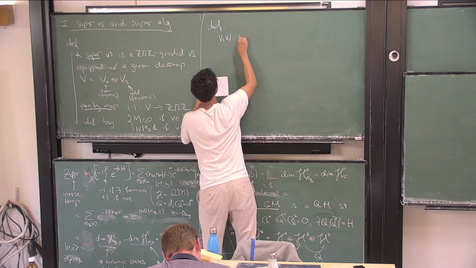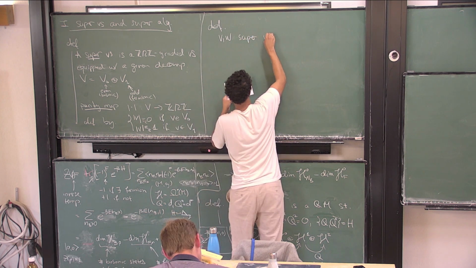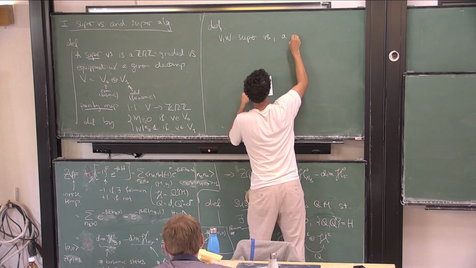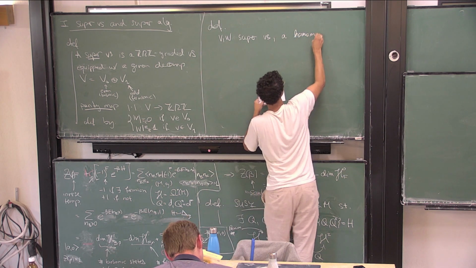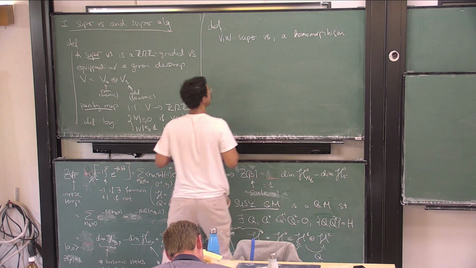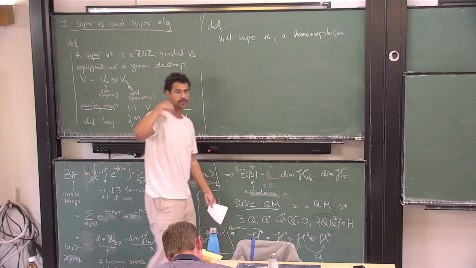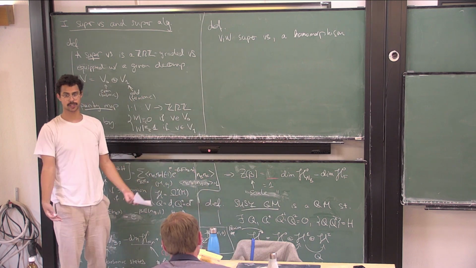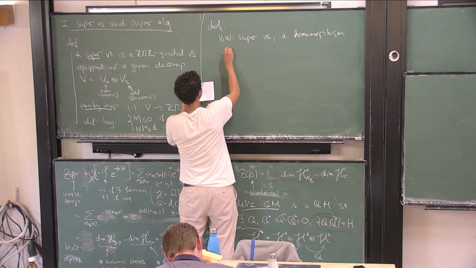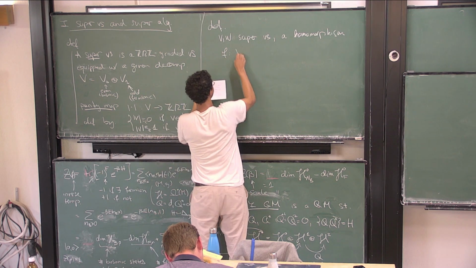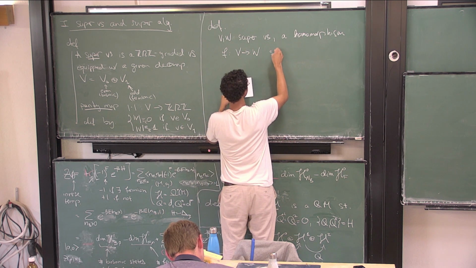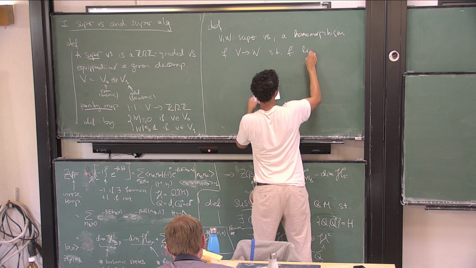If we have two supervector spaces, a homomorphism, so I'm saying homomorphism because when you read homomorphism, you should think, oh, it should preserve the structure we have, right? So it is a map F from V to W such that F is linear.